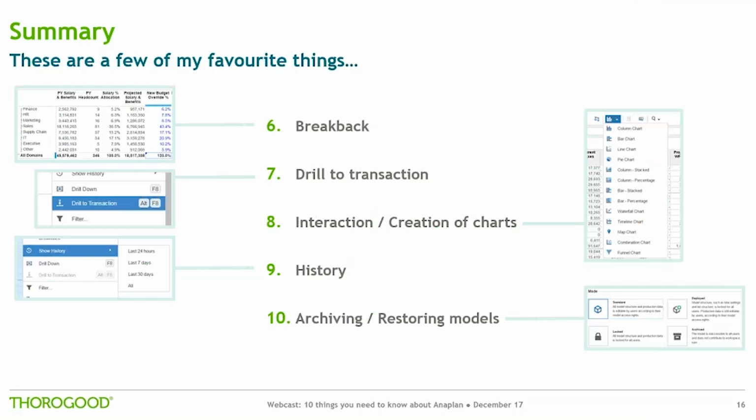So we had 57 employees, and we could drill down to see who they were, where they worked, etc. Number 8 is the interaction or creation of charts. So that was the waterfall chart we created. You saw how quick and easy that was. Number 9 is the history, so that nice audit trail that Anaplan creates for you. And finally, we looked at archiving and restoring models.